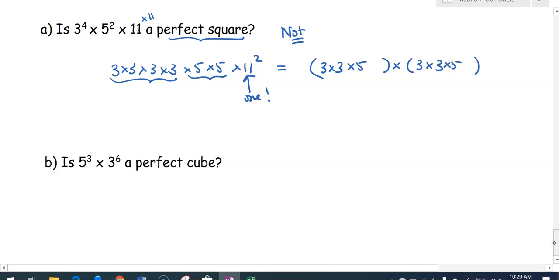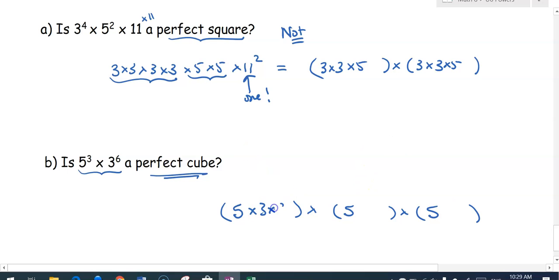Is 5 to the power 3 times 6 to the power 3 a perfect cube? Well, a perfect cube means you can make 3 identical groups. So there's 3 5s, so I can do that. I can put a single 5 in each. There's 6 3s. Oh, that means 6 broken into 3 groups. I can put 2 3s in each, right? 2 and 2 and 2 is 6.